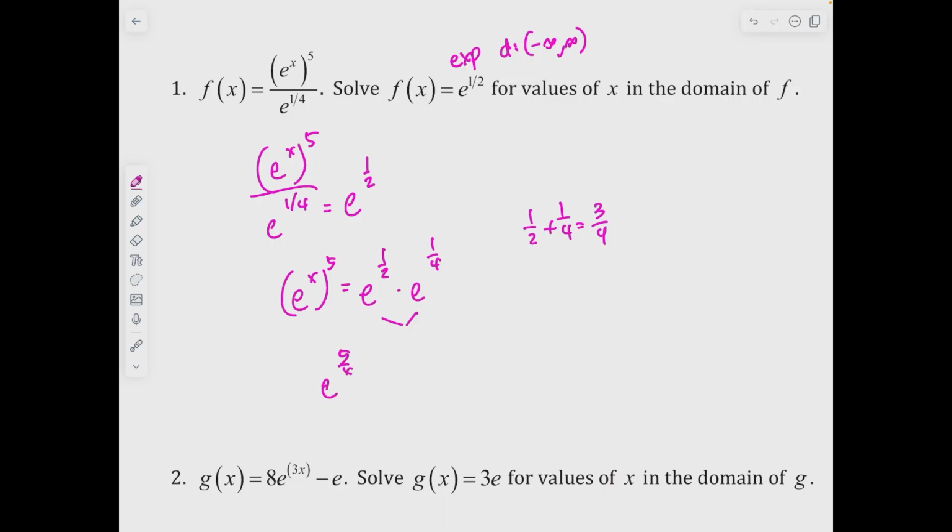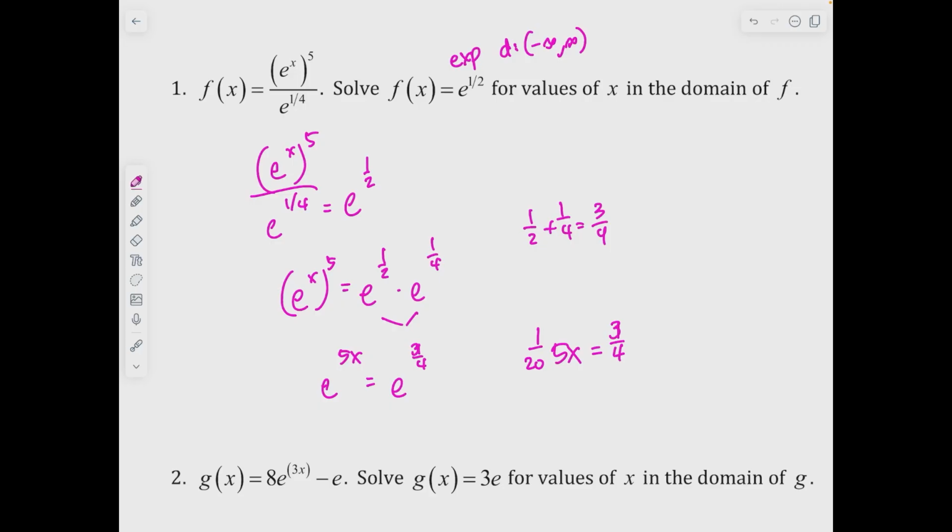So I have e to the 5x is equal to e to the 3/4 power. So now I just set 5x equal to 3/4.